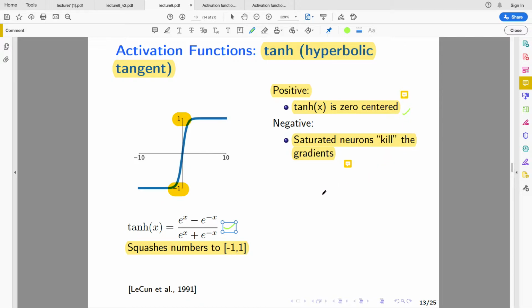But there's still the problem of saturated neurons, when all the values are 1 and when all the values are -1. It means that when x is sufficiently large, whether to the positive side or to the negative side, the neurons saturate. They don't change.